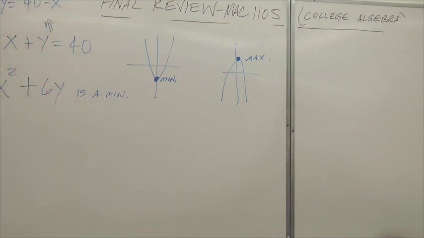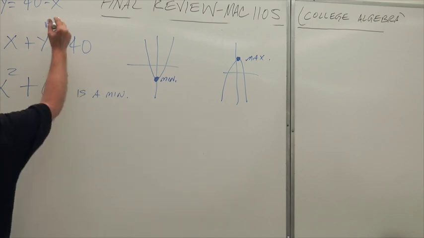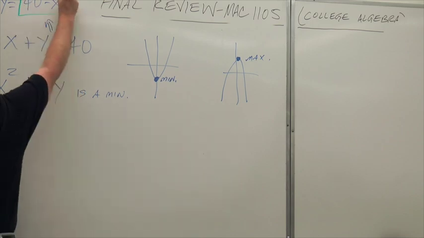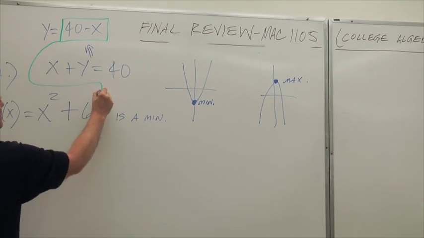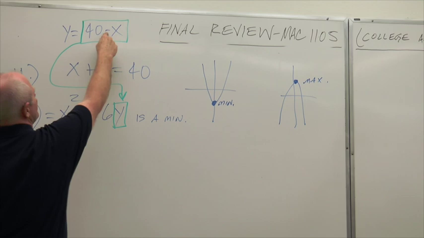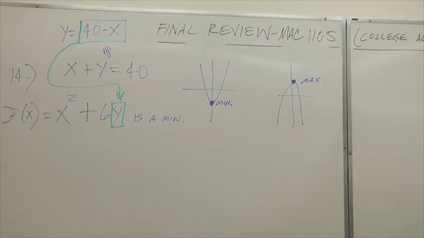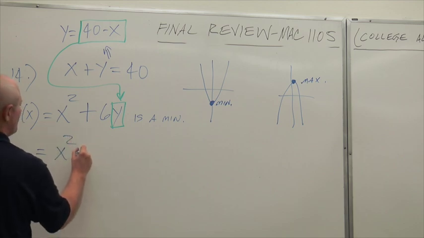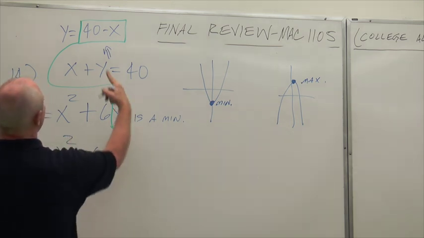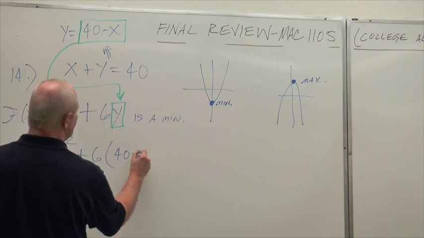I'm writing y in terms of x. I gotta use green. Green's getting lonely over here. I'm going to take this, and wherever I see a y, I'm going to substitute this. So I'll have all x variables. Good? Okay, good. So this becomes what? X squared plus 6 times, now I hit a y, I'm going to write 40 minus x.